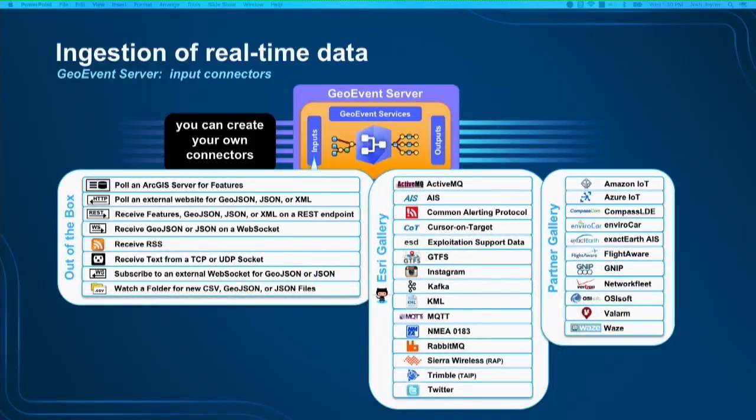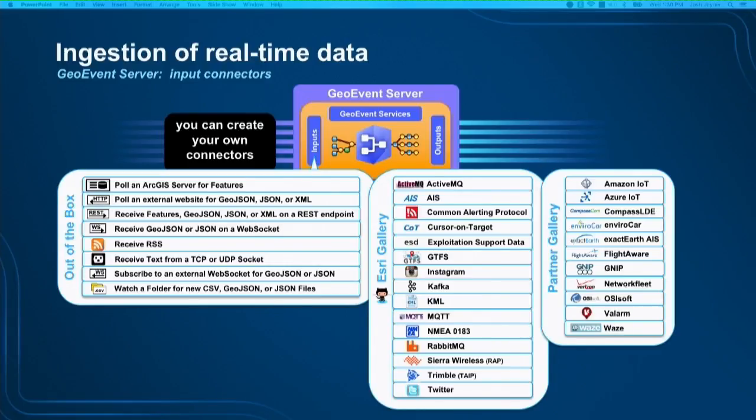So in terms of what we can bring into the ArcGIS platform out of the box and then through GeoEvent Server, we have three different groups of connectors that we work with. On the left are out-of-box connectors. These are typically the more generic types of data feeds that we want to work with. This will be being able to connect to most of your external vendor sites.